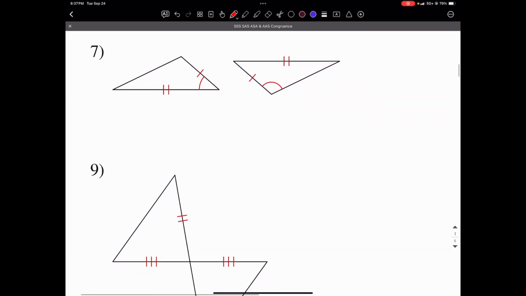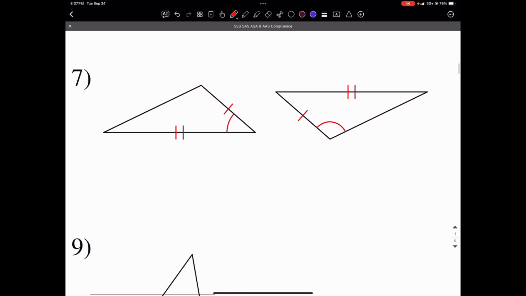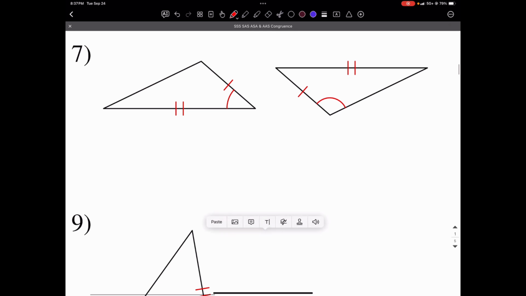I'll do number 7 and number 9. Well, we'll zoom in on number 7. It's going to be hard not to see both of them. Okay. What we have here is an angle, and look, the illustration is off. I get that. But you can see if they give you that mark, that arc mark, that means that angle is congruent. Now, I would question whether or not this is congruent.